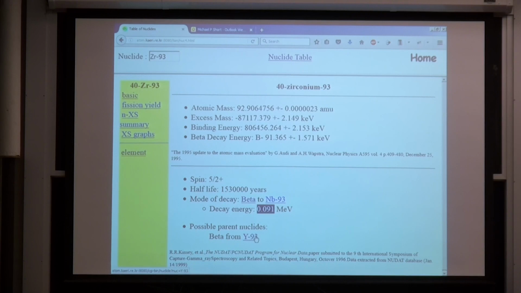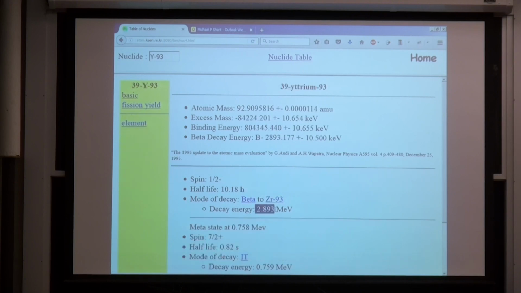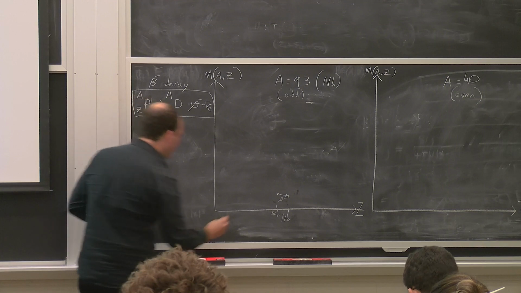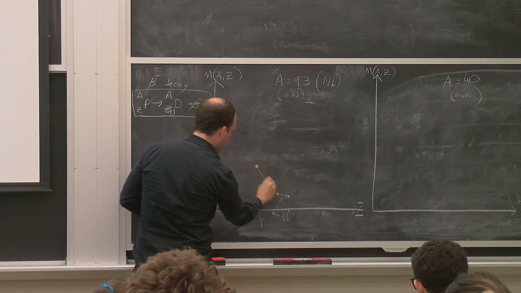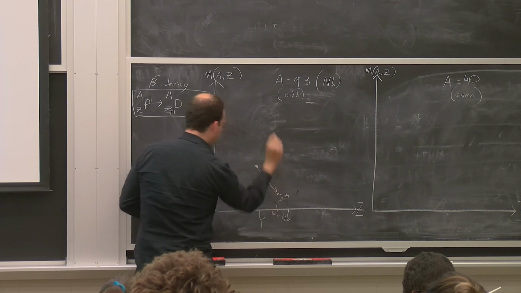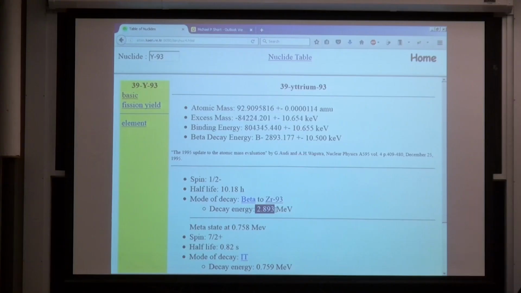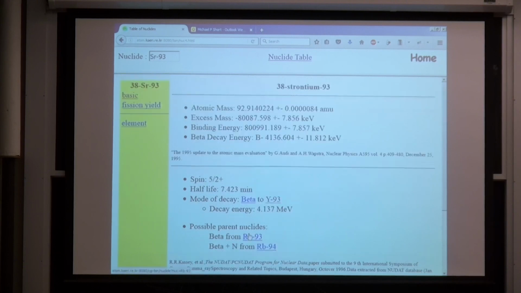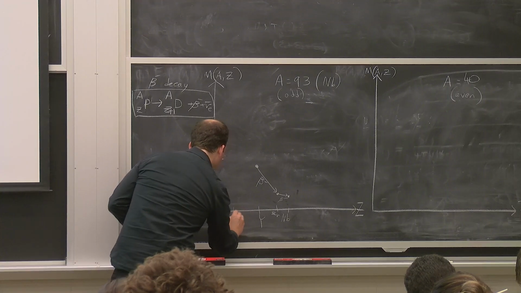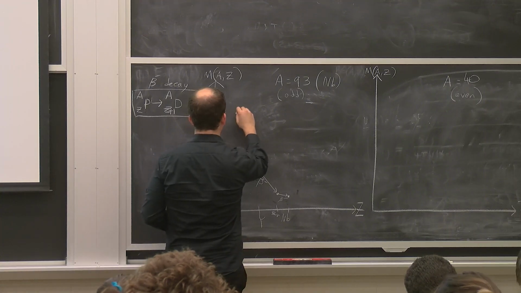So this could have come from yttrium-93 with a much higher energy of 3 MeV. So let's put yttrium right here. That gives a beta decay. And we'll just go one more back to strontium-93. Has an even higher beta decay energy. So let's put that up here.